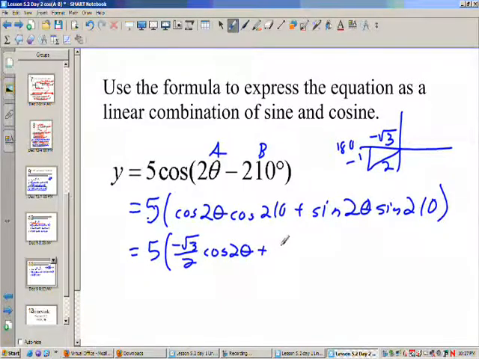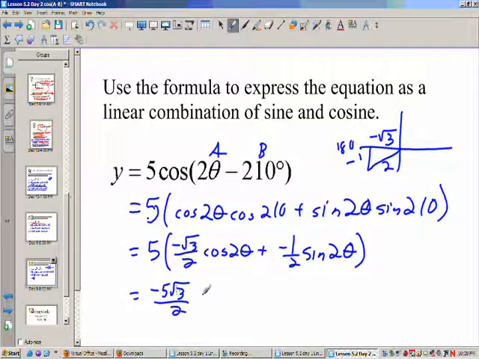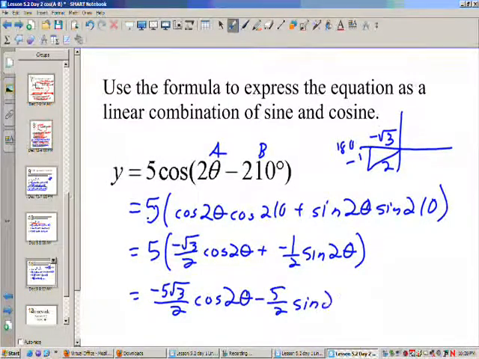And the sine of 210 is going to be negative 1/2. Notice we can't do anything with that 2 theta. It just stays where it's at. So when I multiply that 5 across to both with distribution, it's going to be 5 root 3 over 2 cosine of 2 theta. Now that plus and negative will just be a minus 5/2 sine of 2 theta.